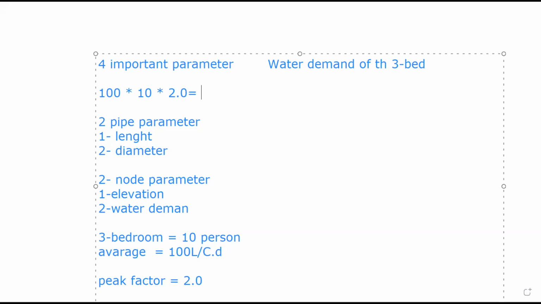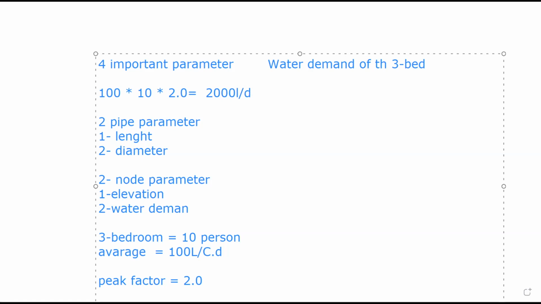So if you do this now, what do you get? You get 2,000 liters, so that will be 2,000 liters per day.